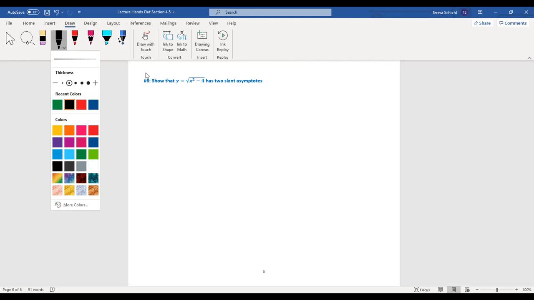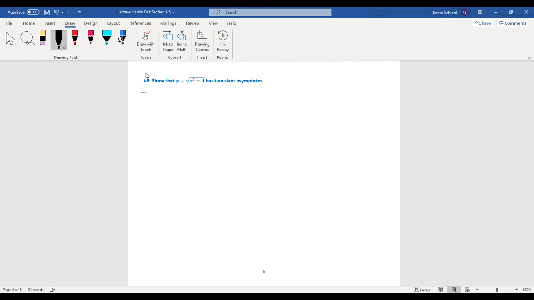First, for this function, if I have a very, very large x, then the square root of x squared minus 4 will be very, very close to the square root of x squared, correct?